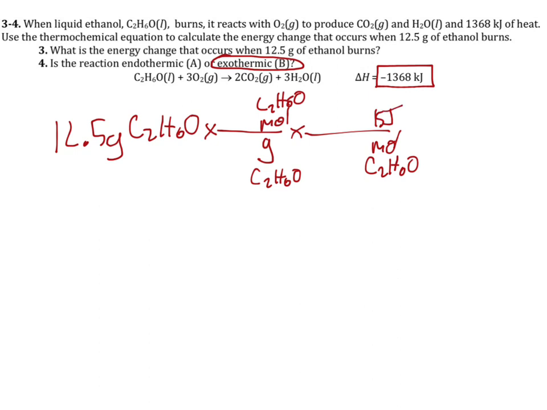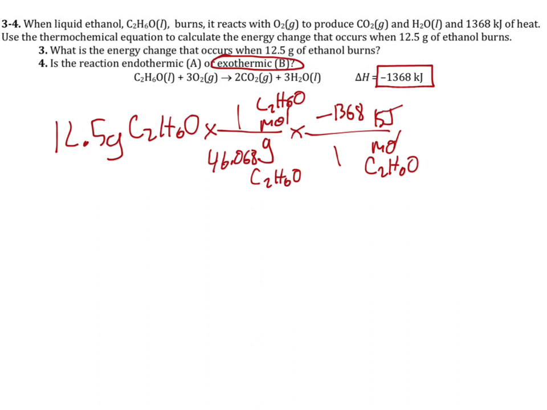Now, when we go moles to kilojoules, right here, we can just use the coefficients in the equation here. And so notice how this has a coefficient of 1. And notice how this here would be the coefficient of the kilojoules. So it's negative 1368. Now, when we go between grams and moles, we just use the molar mass. So 1 mole of this is going to be whatever that is added together, which gives you 46.068.